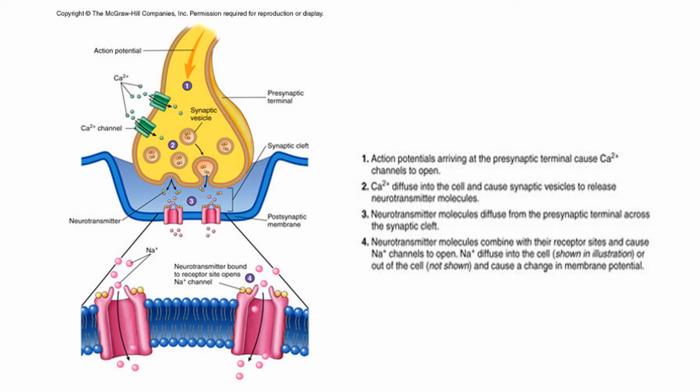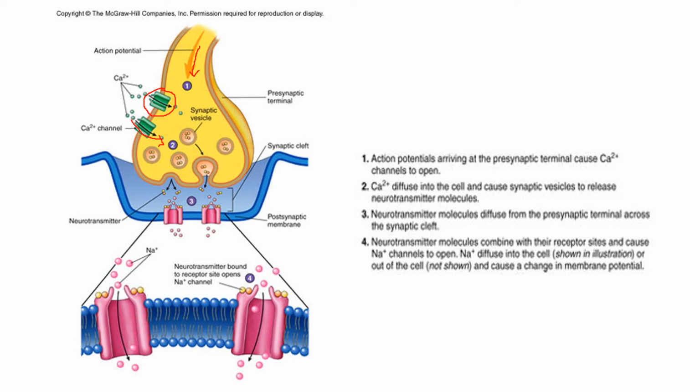Again, this is how your action potentials affect the release of ions in the presynaptic terminal. Once the action potential has been received from the brain or spinal cord, your calcium channels open, which gives you the influx of calcium inside the presynaptic terminal.